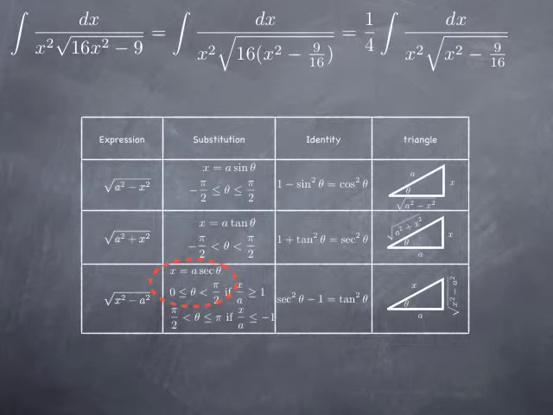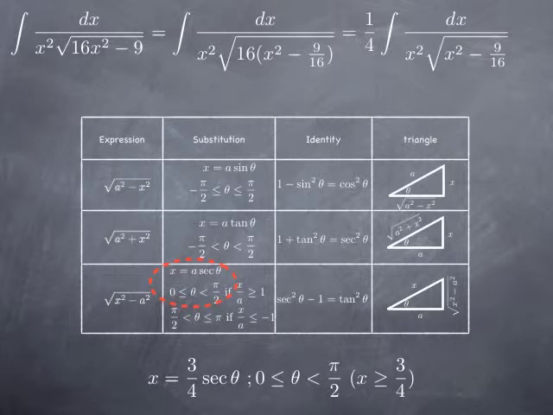So here we're going to take theta between 0 and pi over 2, which corresponds to x over a greater than 1. In our case, a is the root of 9 over 16, in other words 3/4.